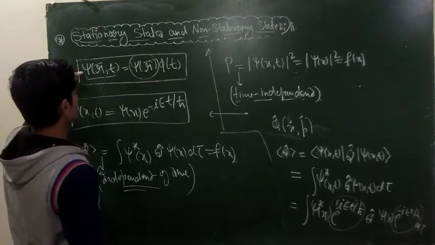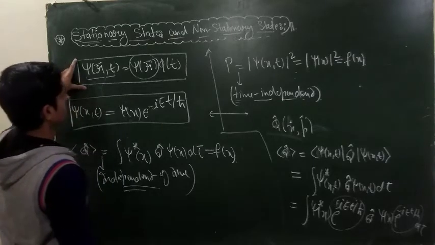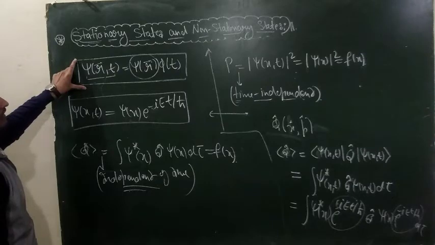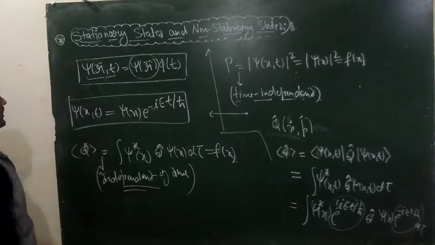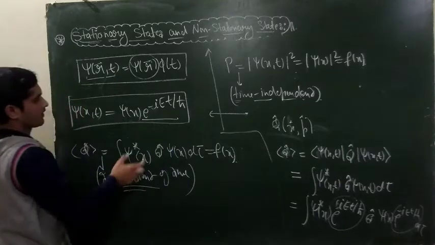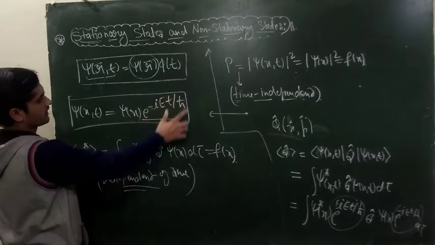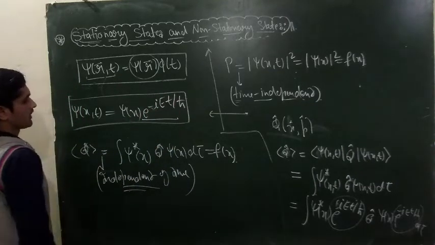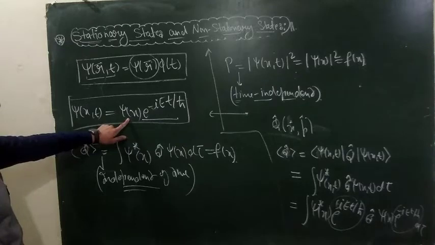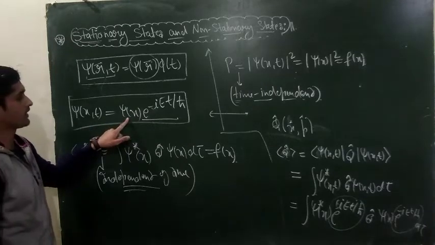After putting this state in the time dependent Schrodinger equation, you have calculated that the time dependent part will always be in this form, the exponential of this particular quantity, into the spatial part.